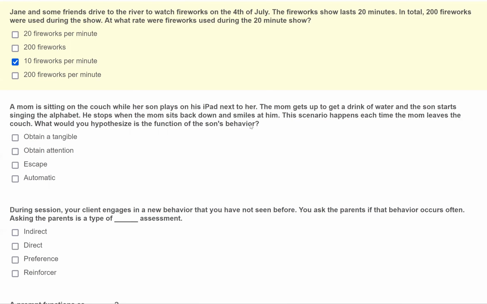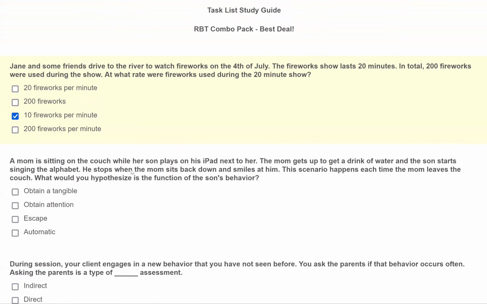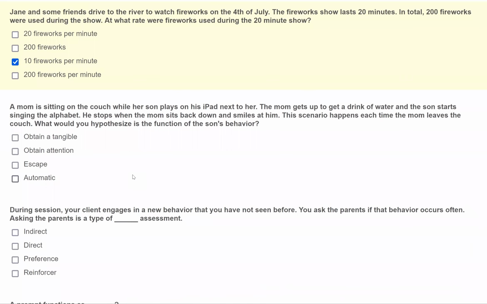He's not getting away from the couch or from the mom's presence. He is looking to gain attention. And it's not automatic reinforcement. Remember, automatic means alone. We have a second person in the scenario providing the consequence, which is smiling at him. So it's not automatic. The most likely function of the son's behavior is to obtain attention.